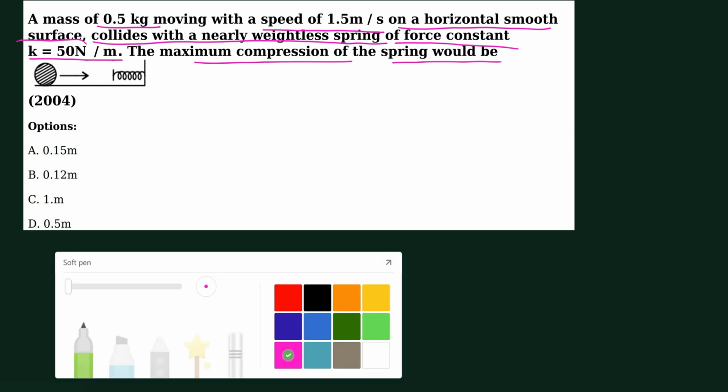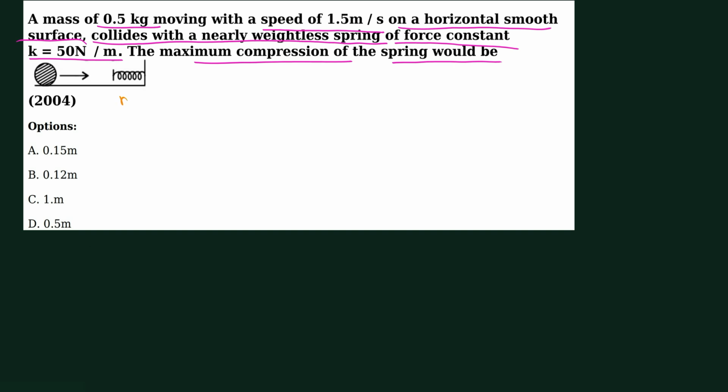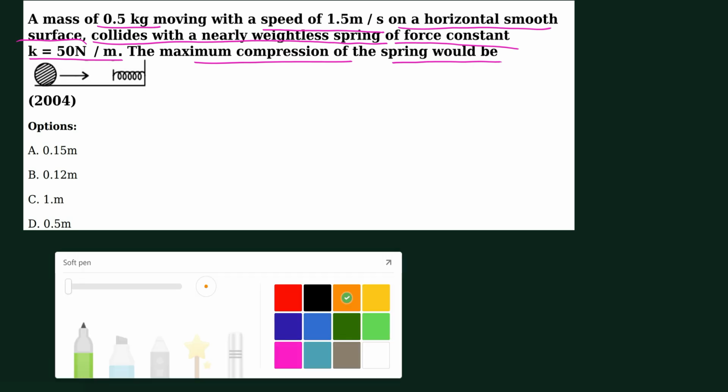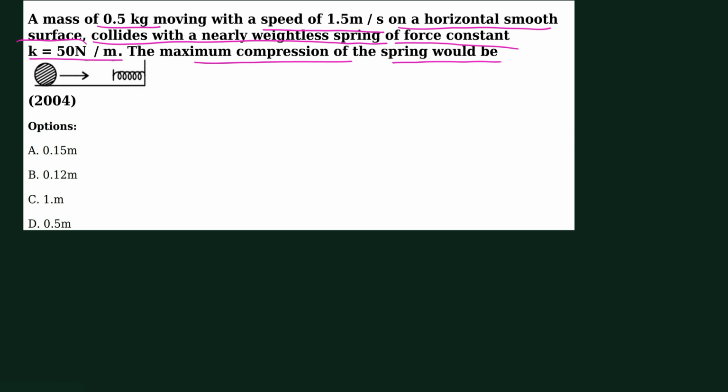The mass of the ball given is 0.5 kg, and it is moving with the velocity 1.5 meter per second. The spring constant value given here is 50 Newton per meter, and we need to find the compression of the spring, the x value.